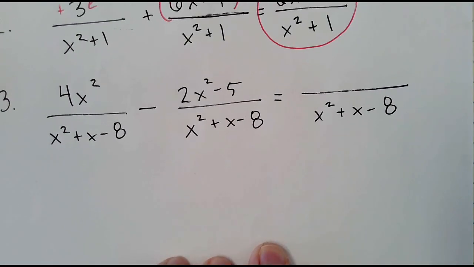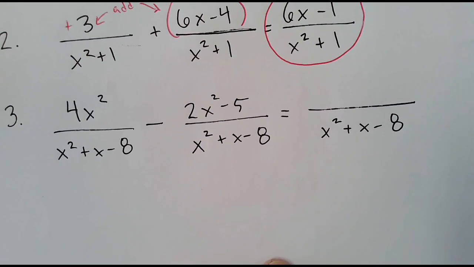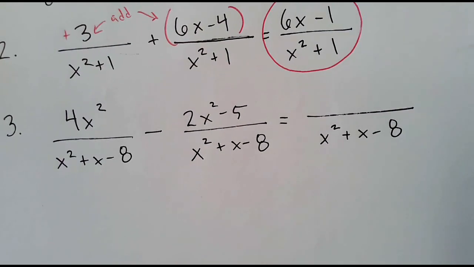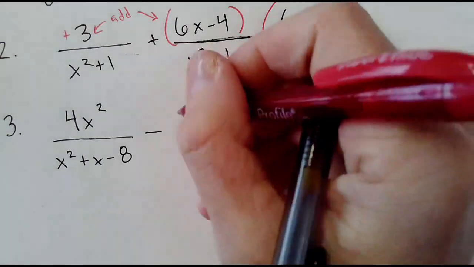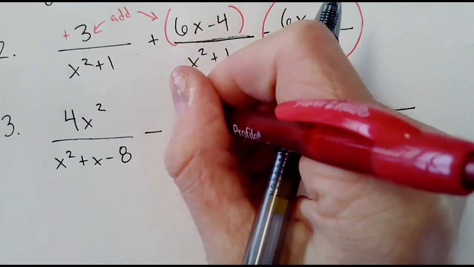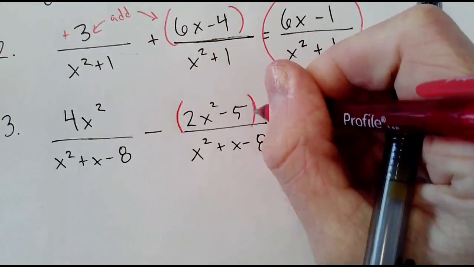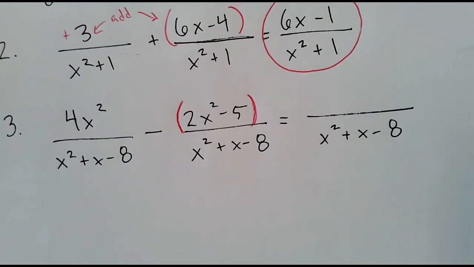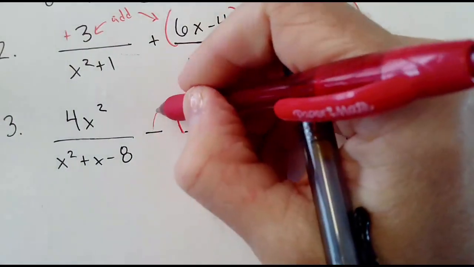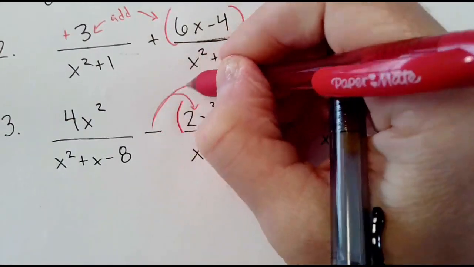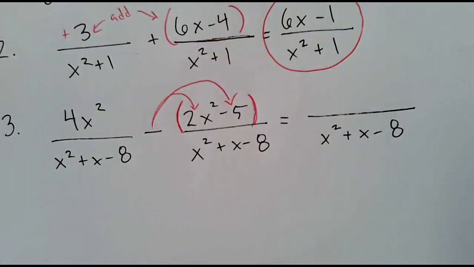However, we have something different in this one. I'm just adding another layer to the onion, so to speak. And in this problem, I have a minus. So because I have a minus, that means that I have to subtract this whole quantity. This whole quantity is being subtracted. So then, therefore, I need to distribute the negative to each term here before I just combine it.